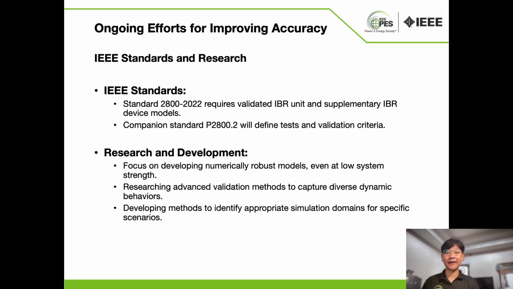Research and development efforts continue to focus on developing numerically robust models, advanced validation methods, and techniques for identifying appropriate simulation domains for specific scenarios. These ongoing efforts are crucial for improving accuracy and reliability of IBR models, ultimately contributing to a more stable and resilient power grid.